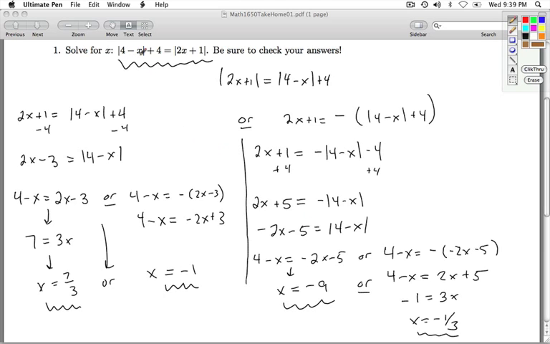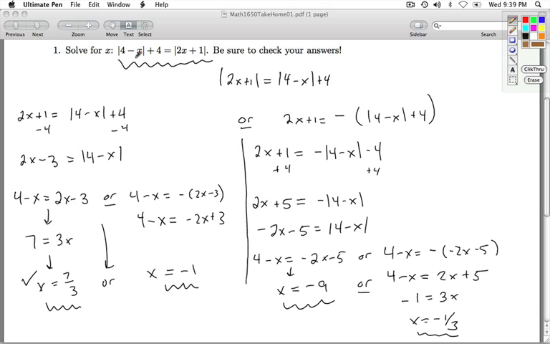That's 12/3 minus 7/3. That's 5/3. 5/3 plus 4 is going to be 17/3. Let's check the right-hand side. That's 14/3 plus 1. 14/3 and 3/3 is 17/3. So this answer checks.